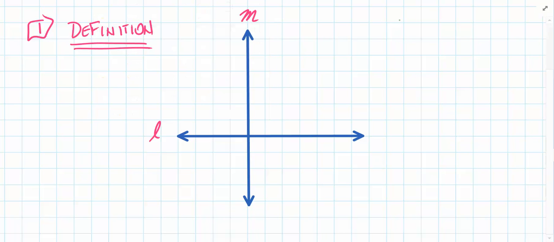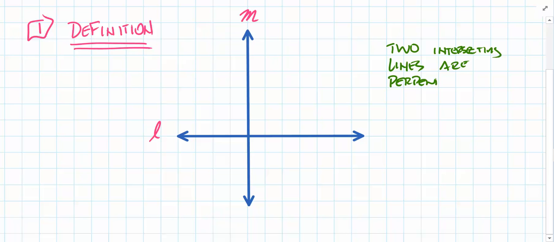So for us, I'll go in green here. So here's the definition for us. So we're going to say two intersecting lines. So we have to have two lines that cross, right? So two intersecting lines are perpendicular if what?